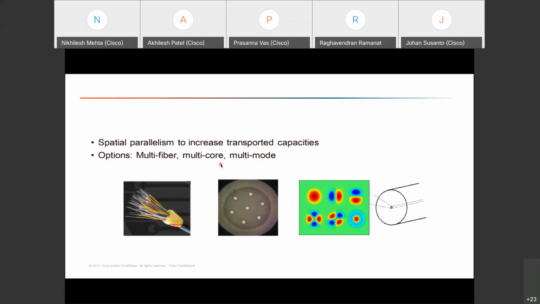What this means is, in a single fiber, it's a different kind of fiber where you have multiple cores, and you send different signals via different cores, and at the receiver you differentiate those signals. The third one is multi-mode. Generally, for long distance, we don't prefer it.